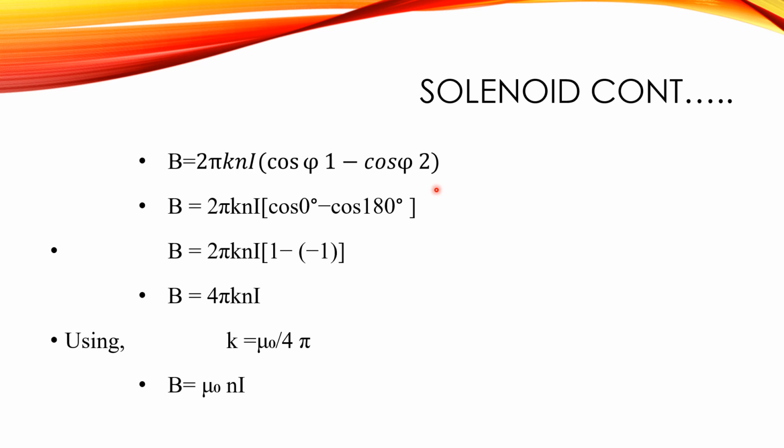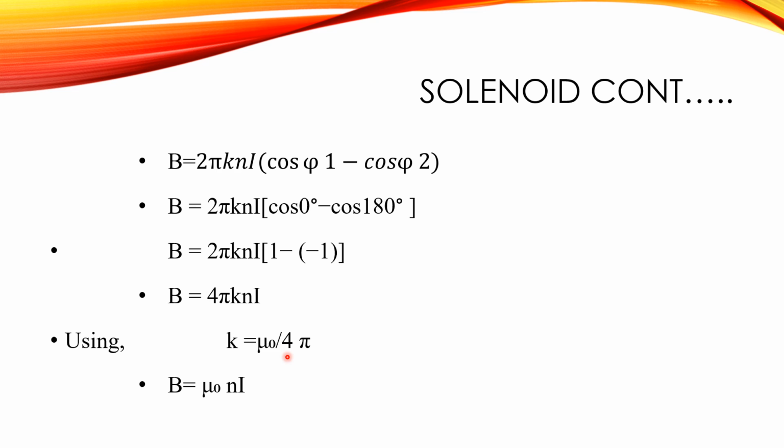In such a case, phi 1 and phi 2 range from a minimum of 0 to a maximum of 180 degrees. So cos 0 is 1 and cos 180 is minus 1, so this will simply be twice, and the equation becomes B equal to 4πk n i, where k is equal to μ0 by 4π.